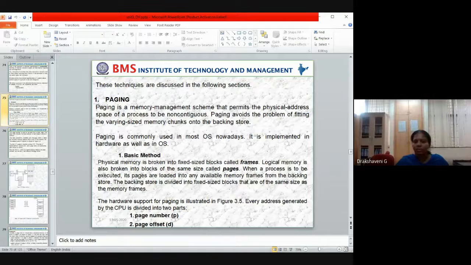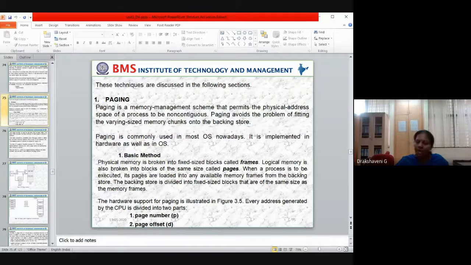Basic method. The physical memory is broken into fixed-size blocks called frames. What is this physical memory? The memory that you have is broken into a fixed size, and that is called frames. And logical memory is also broken into blocks of the same size called pages. So we have 2 types of memory. One is logical and one is physical. What is physical?